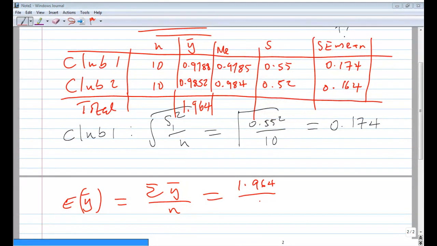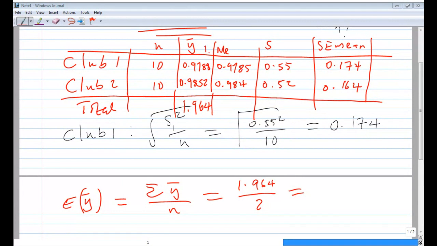You have to divide by 2. That is the mean of a simple mean. You don't divide by 10 because there are 2 values here. You find the mean of these 2, so you have to divide by 2.